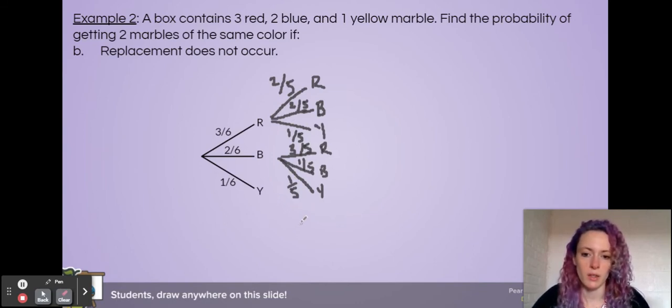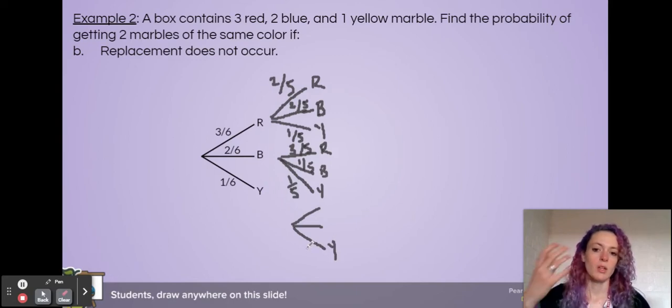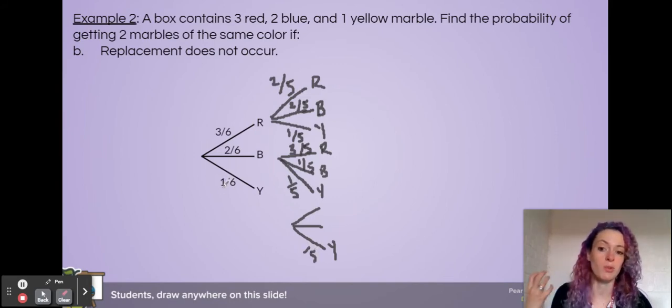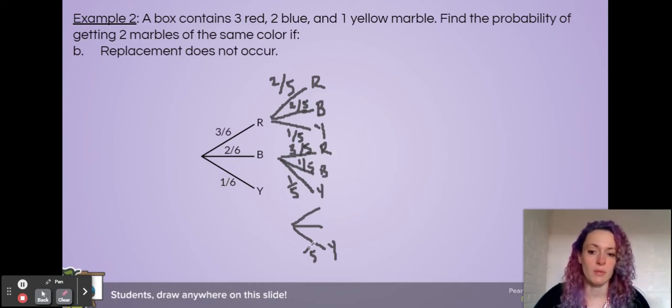Finally, with my yellow marble, I'll start with yellow. Just like the other 2 branches, I'm down to 5 total marbles that I'm pulling from. However, I only started with 1 yellow. So when I pull that out and I keep it out, that means I have no yellow marbles left to pull.